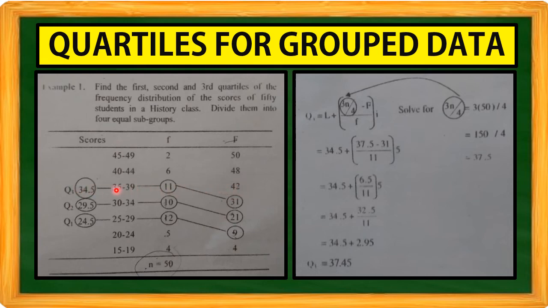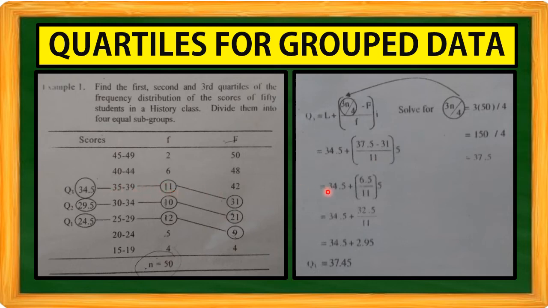35 to 39. 35 minus 0.5 is 34.5, or 34 plus 35 divide 2 is 34.5. Kaya ang lower limit natin is 34.5. So ang cumulative frequency natin is ang mababa sa 42, so 31. Ang frequency natin is 11. Ito po siya ang frequency ng 35 to 39.